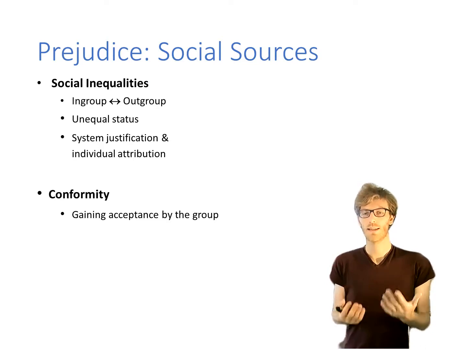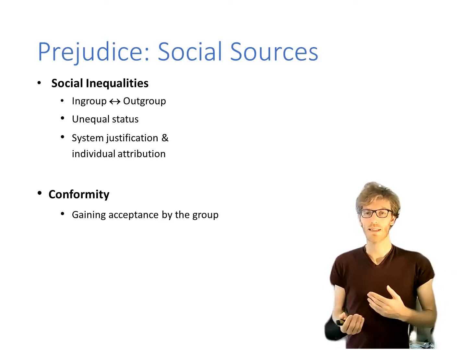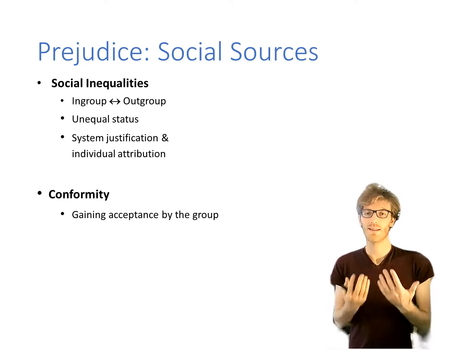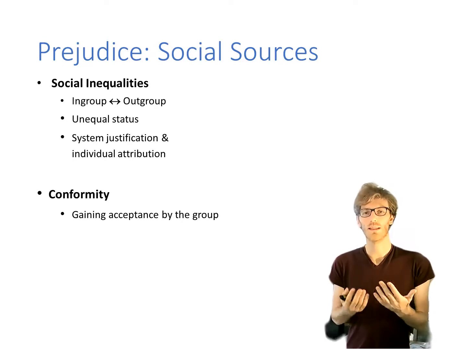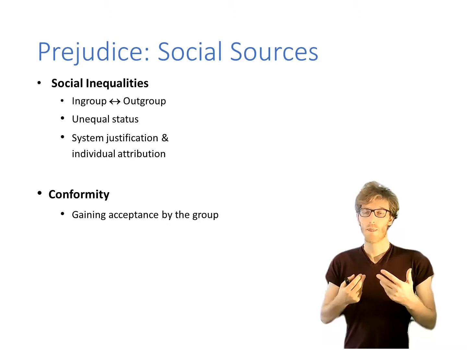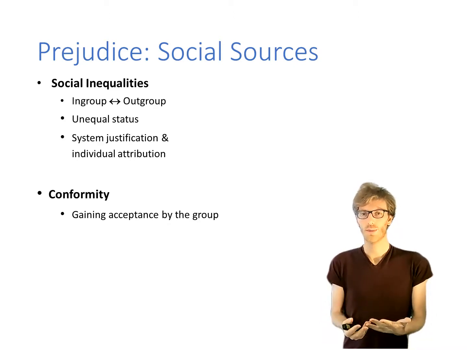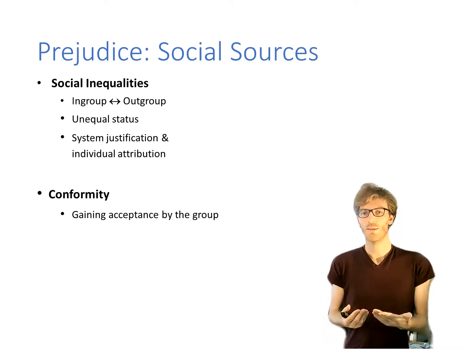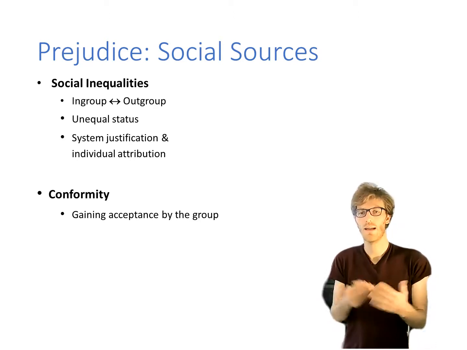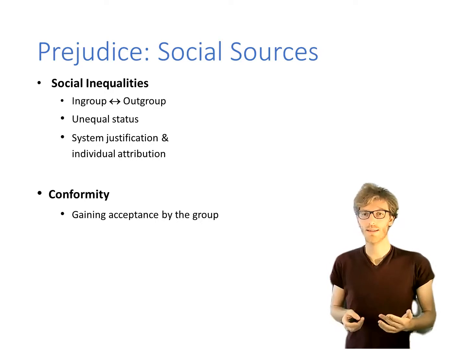So if you look at political polarization, in many countries, being Republican or Democrat, in the US case, is a very strong part of people's identity. Certain opinions go along with these group labels. And then people who value belonging to the group might just conform to those opinions, even if they didn't have strong feelings about certain outgroups in advance.